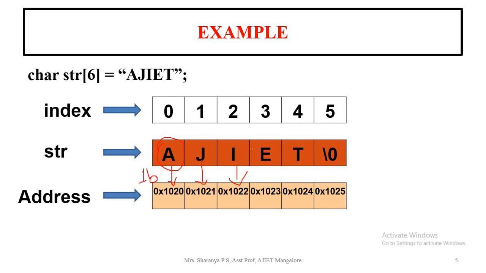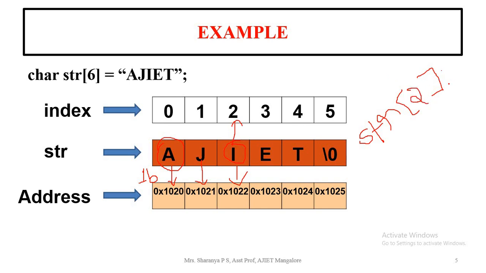Suppose we want to access the value I by referring to the index, how can we do it? We have to mention the string name str, and then specify the index value; the index begins from 0, then 1, 2. If I want to specifically refer to I, then I can mention str of 2.